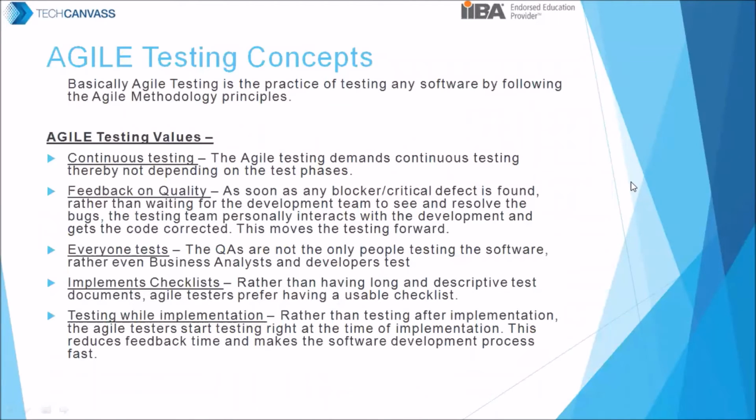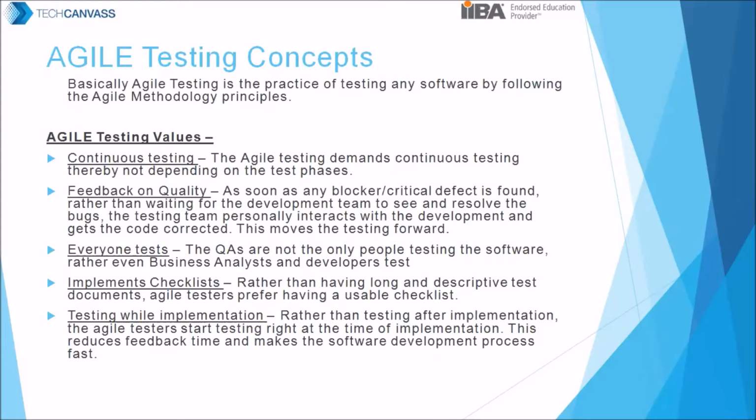Now till now we discussed agile methodology in the whole development. Now what we will do is we will move ahead to agile testing concepts. So what agile testing concepts are all about, what are its values, we will discuss now.